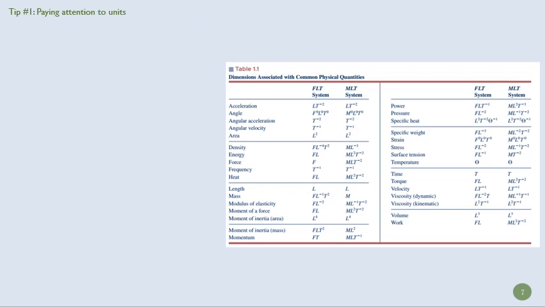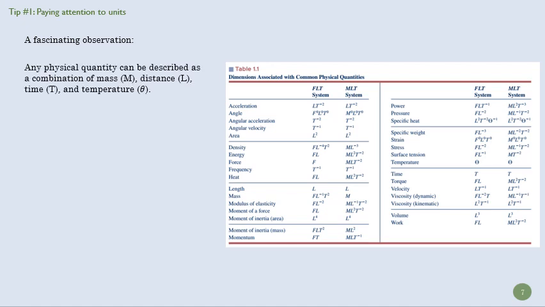The more technical way of talking about this is to look at what's called the MLT system or the FLT. This is mass, length, time. This is force, length, time. But we can make a fascinating observation, and this is sort of interesting.